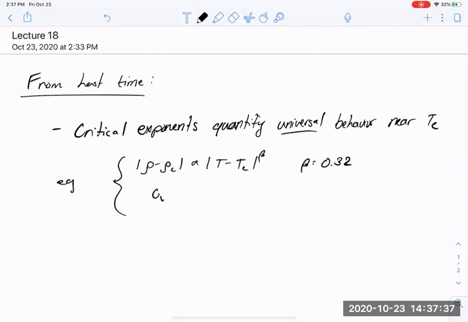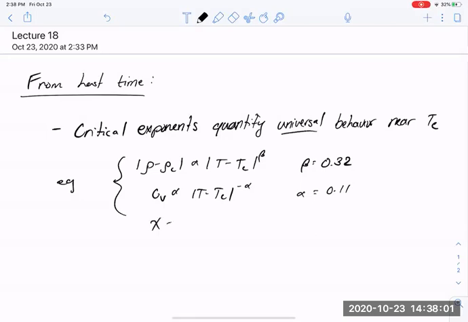If I was to measure the heat capacity close to the critical point of that same fluid, or any other fluid undergoing a liquid vapor phase transition, I would find another power law behavior with a different exponent, so-called alpha, which is pretty small, 0.11.